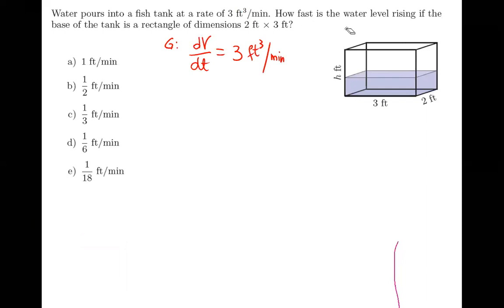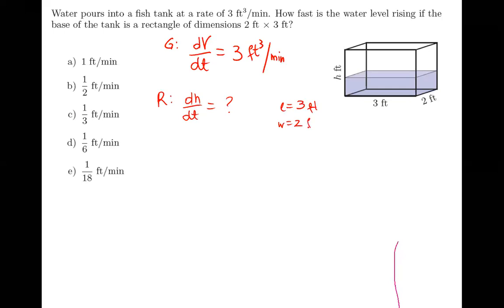Now, how fast is the water level rising if the base of the tank is a rectangle with the dimension 2 and 3? That means the required information is dh/dt. This is probably the linear relation that we don't have at the moment, but when the length is 3 and the width is 2, it's fine.